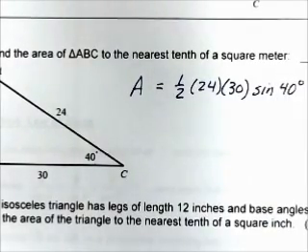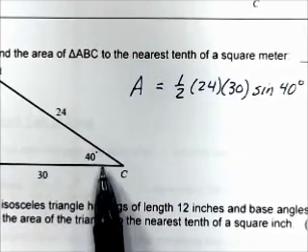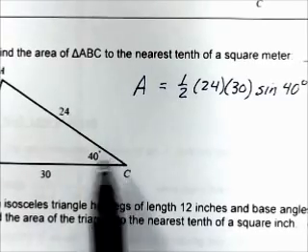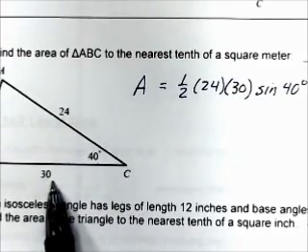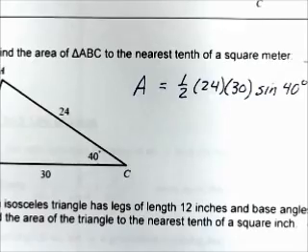Again, instead of using the actual formula in the form of letters, I just like to use it in the form of words. It's going to be 1/2 the product of the two sides times the sine of the included angle.